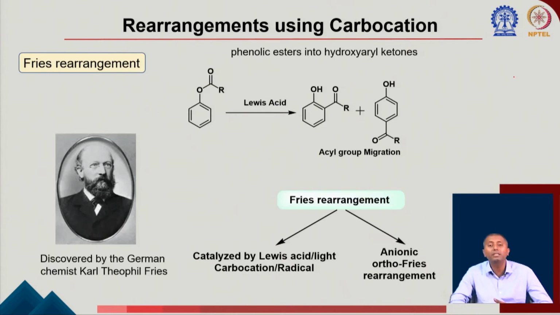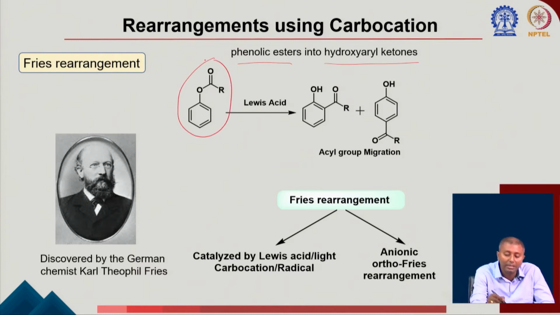Okay. Other rearrangement. So we have learned about the Friedel-Crafts. Now, there is another important rearrangement which converts phenolic esters into hydroxyaryl ketones. So you start with this phenolic ester, use a Lewis acid, again AlCl3 here, and it ends up giving you the acyl group migrated to the ortho or the para position.